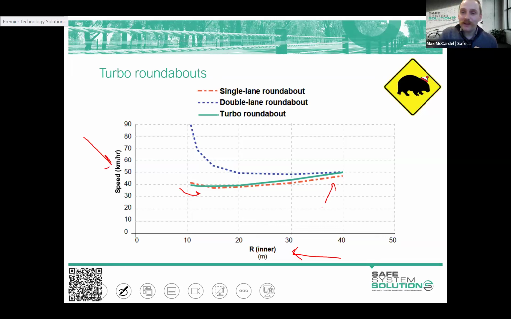Within double lane roundabouts, multi-lane roundabouts, dual lane roundabouts, whatever you want to call it, if you have a radius that's too small, what can occur is drivers just go straight through it, right? So it doesn't have the effect of impacting speeds. I might draw that on the next slide so you can have a look at what I'm talking about there.